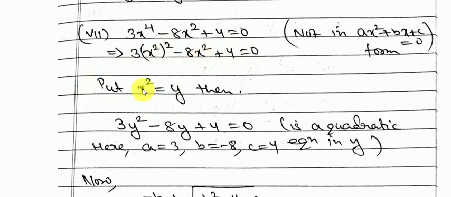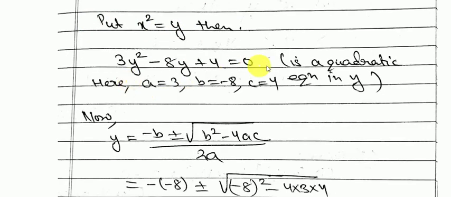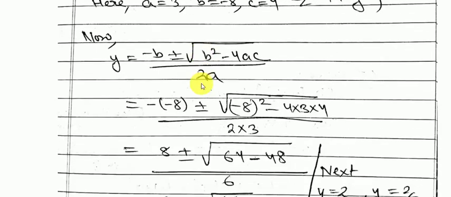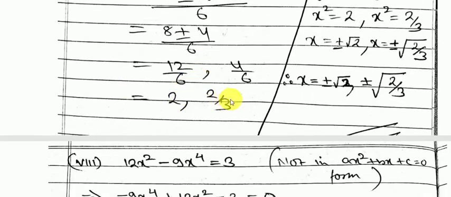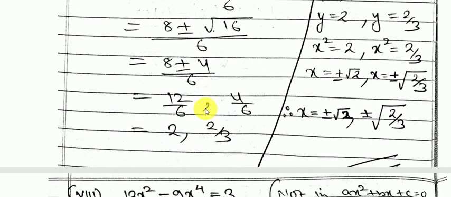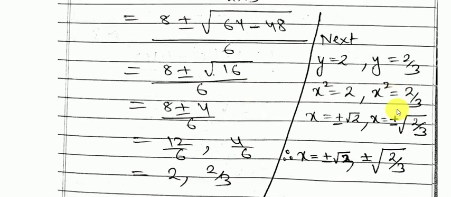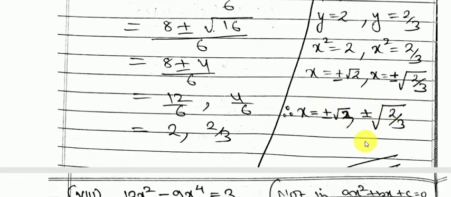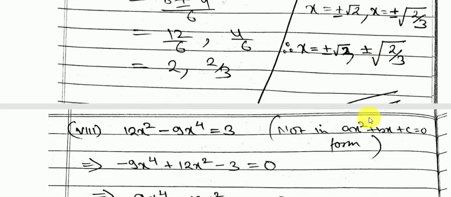Now replace x square by y. Then you get a quadratic equation in y. Solve it using the formula, you get the value of y. You know that y is nothing but x square. Now get the values of x. You should check whether these are satisfying or not. These are satisfying, that's why I have written over here.